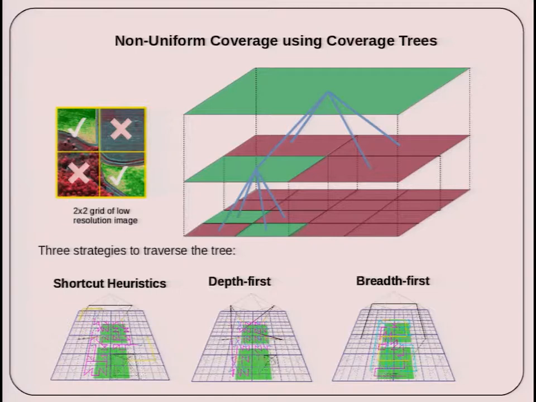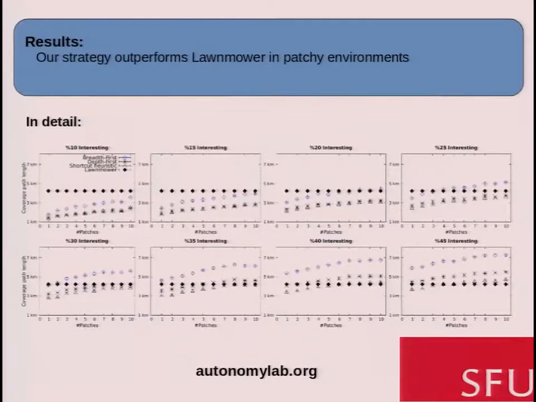And as always with trees, we have 3 options. We can do a breadth-first search, we can do a depth-first search, or we can use some sort of heuristic. And if you come to the poster later on, I'll go into the details about the heuristic. For now, I would like to conclude by stating that our method outperforms the lawnmower if the environment is sufficiently patchy. Thank you.